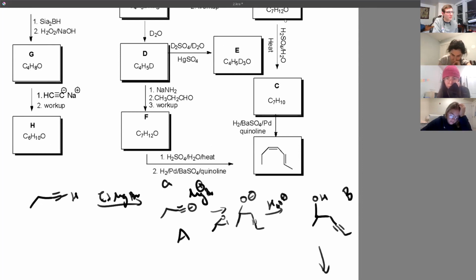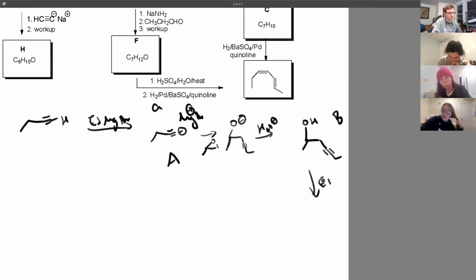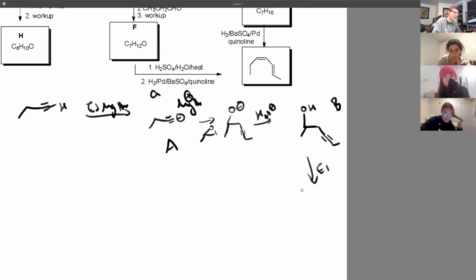Anyway, the point is, we've got this alcohol with the triple bond, and then we add sulfuric acid. It's a bit hard to read because it's sideways, but we add sulfuric acid, and then we heat it. So what does that sound like? Dehydration. Yeah, exactly. Or E1, we might write, but dehydration is perfectly fine too.